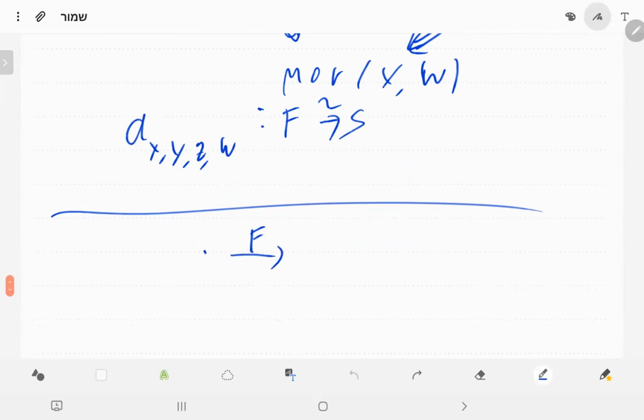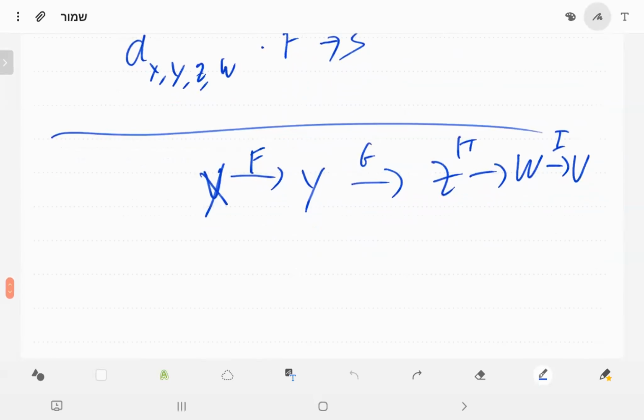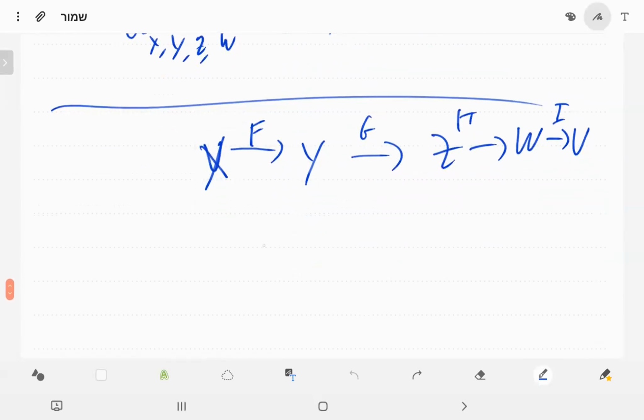So we have u, x, y, z, w, v, say f, g, h, i. And now we can compose them. And the idea is that no matter how we compose them, no matter how we put the parentheses, we get the same thing. And moreover, we get isomorphic things, and all the possible different isomorphisms are the same. So let's see what isomorphisms we have.